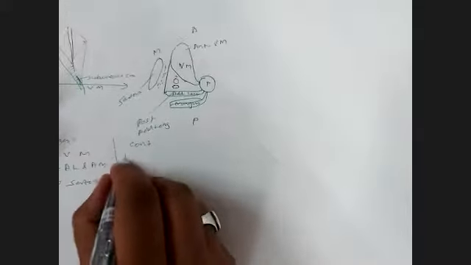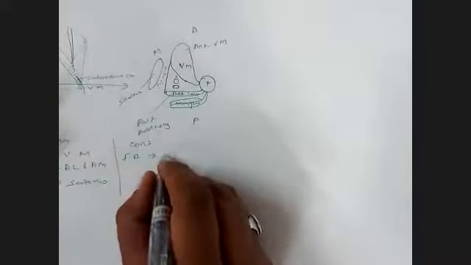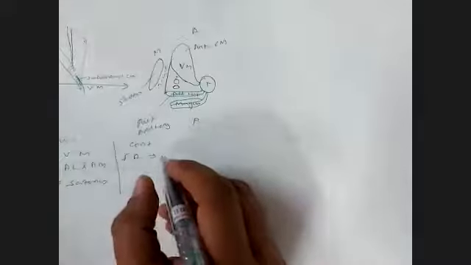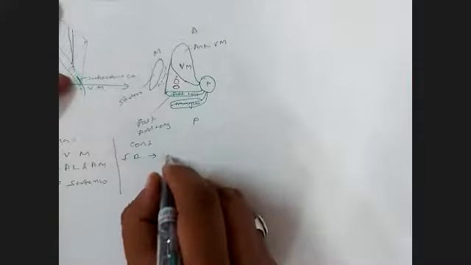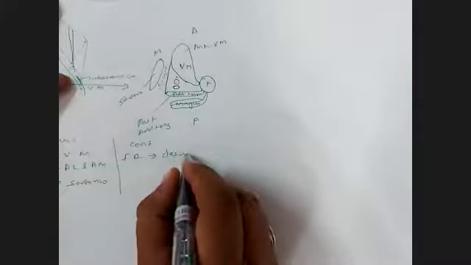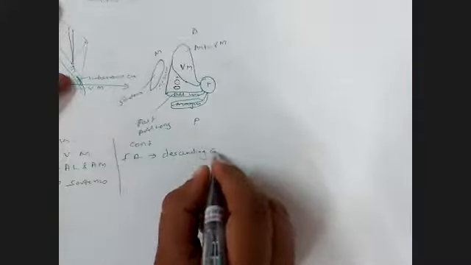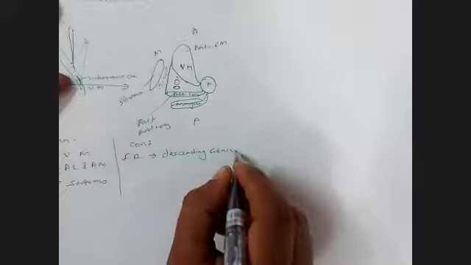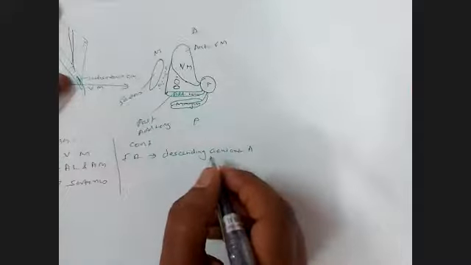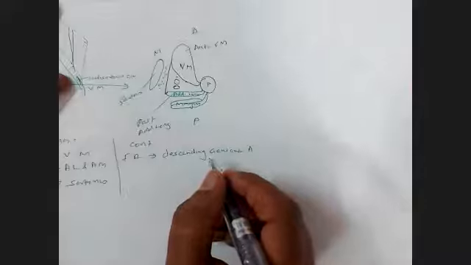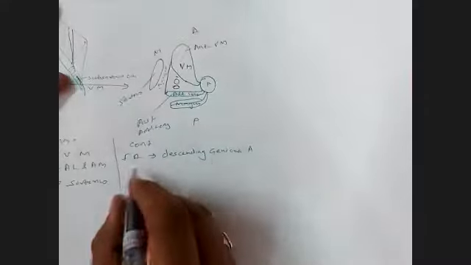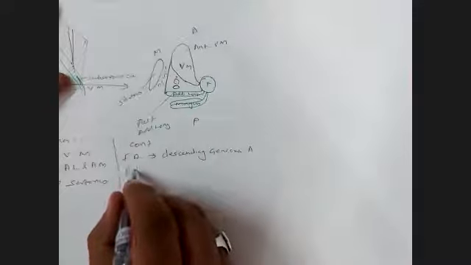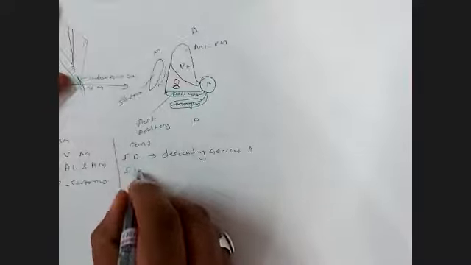And what are the contents? Femoral artery with its seventh branch. When we discussed the femoral artery, we said 6 branches are given in the femoral triangle. The seventh branch is called the descending genicular artery. This descending genicular artery is a branch of the femoral artery, and genu means bend, genicular means it will supply the knee. Then there is the femoral vein.